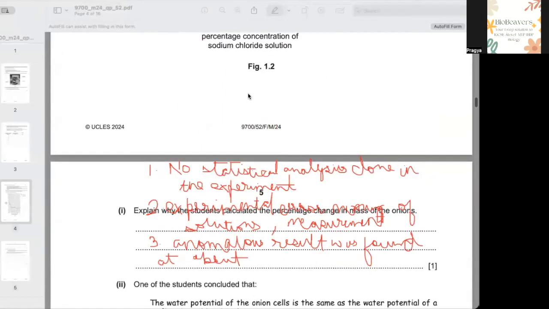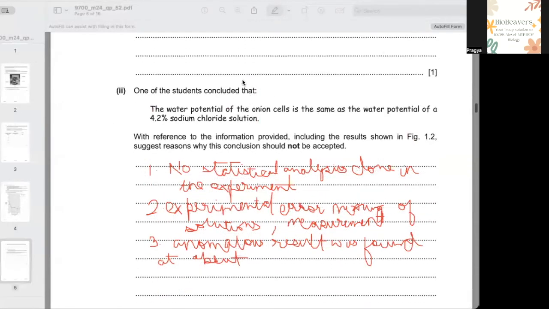You can see how it's going up and down for the 2-hour value. So make sure you write that: about 5 to 15 percentage change of mass for the 2-hour study.